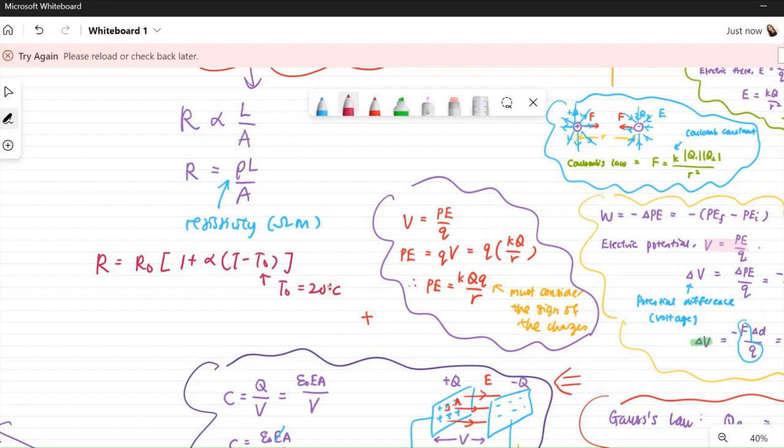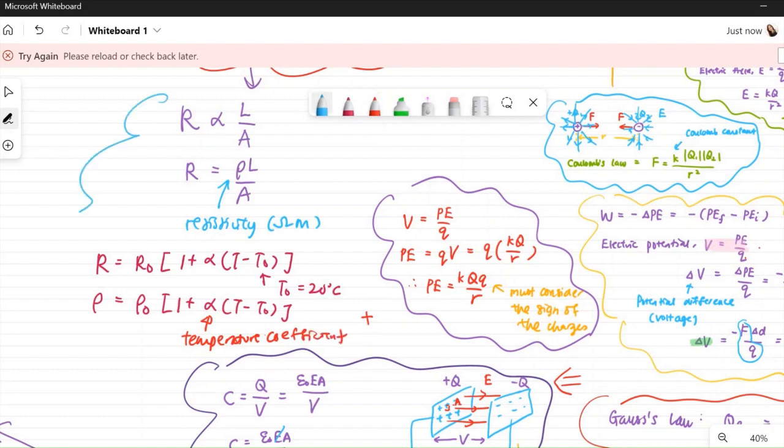From this expression, we can find the resistance at any value of T. Same as resistivity: resistivity will change as well when the temperature changes, where rho equals rho naught times 1 plus alpha (T minus T naught). This alpha here we call the temperature coefficient. Okay, so this is resistance.